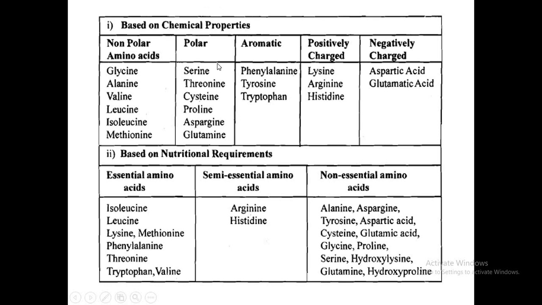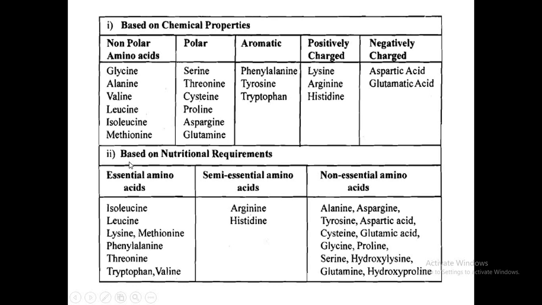On the basis of the polarity or the properties of the side chain at physiological pH, amino acids can be classified into 5 different types.